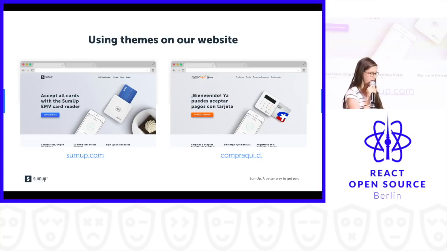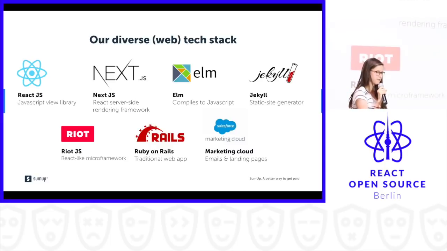But I mentioned before that we're not just working in a React universe. In fact, the world is a bit more complicated than that, especially when you're thinking about a design system where you do want to cover everything. It's not just about saying, oh, my React apps are pretty, but my emails are ugly, and my landing pages are ugly. You don't really pick and choose. So here you can see we have some stuff using React, like our Next.js stuff.